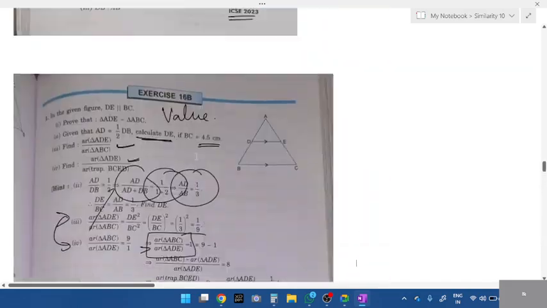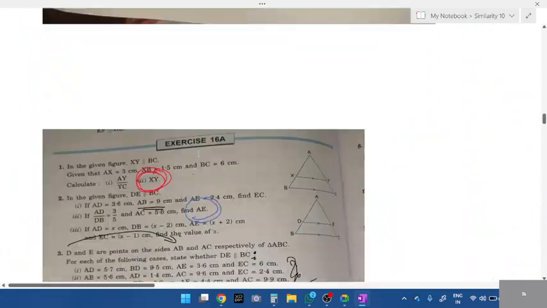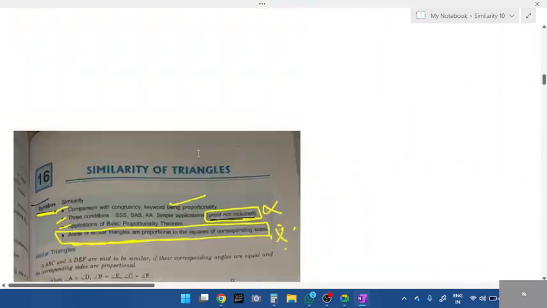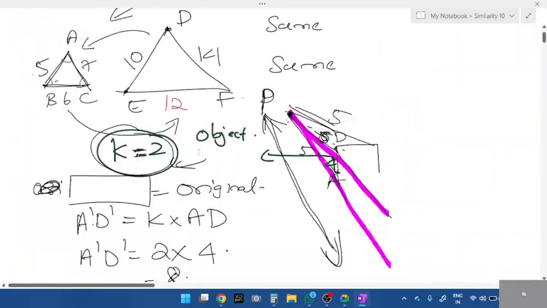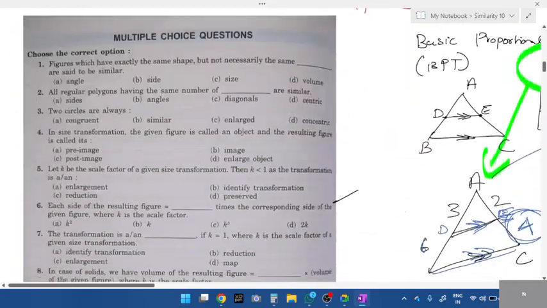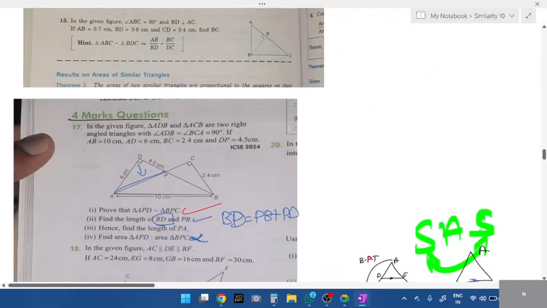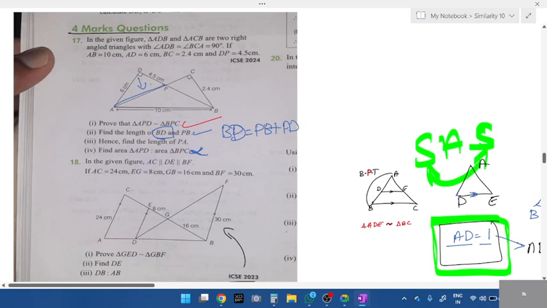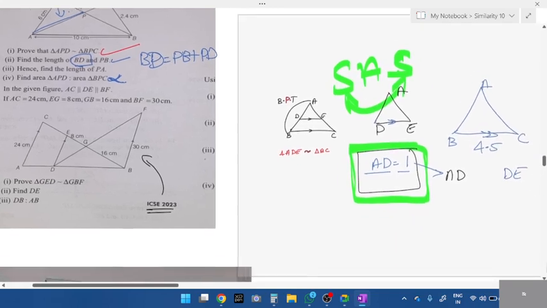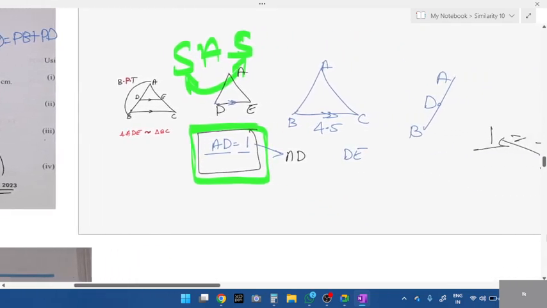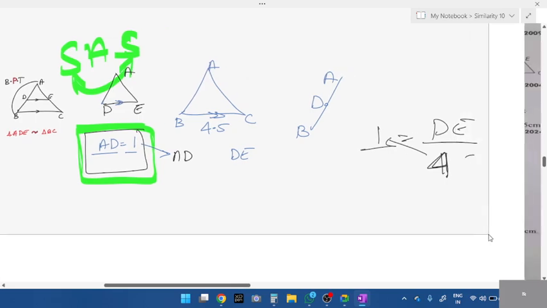Okay, we'll see the recently given previous year question. This question. Okay, if we solve this, you'll have an idea.